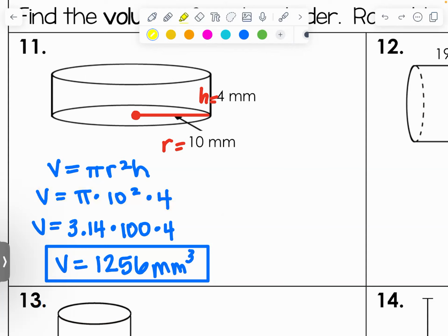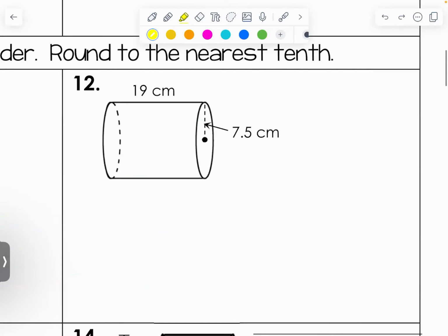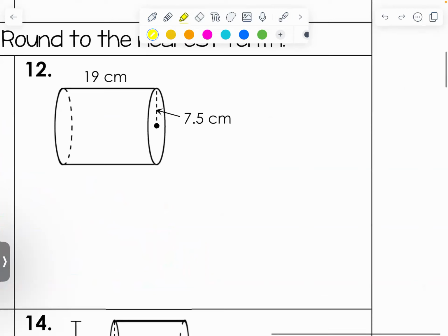I just want you to write R equals and H equals next to the correct numbers in number 12. I'm going to give you 15 seconds. Identify R, identify H. Identify radius, identify height.